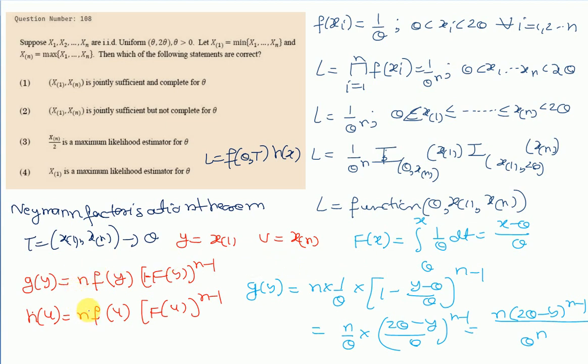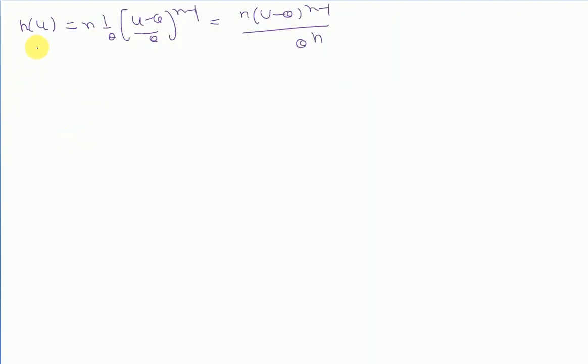Let us find the expectation for each of the maximum and minimum. So let us find the expectation for the maximum first. Expectation of u equals the integral of u times n (u minus theta) raised to power n minus 1 upon theta raised to power n du, and the limit of u is the same as the limit of x, theta to 2 theta.